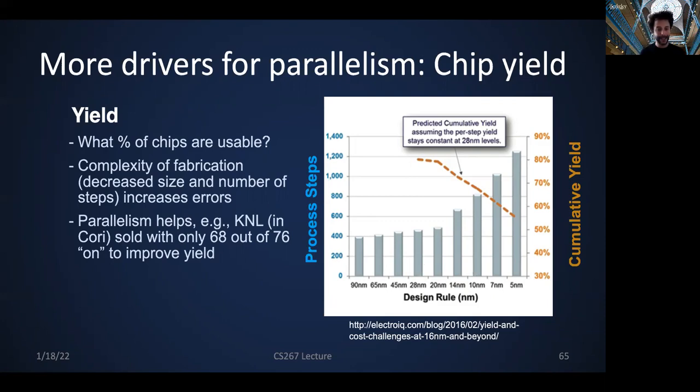And if up to 8 of them are bad, it doesn't matter, because they're advertising to the customer that there are only 68 functional cores. So that allows them a lot of margin, and they get good yield for that.